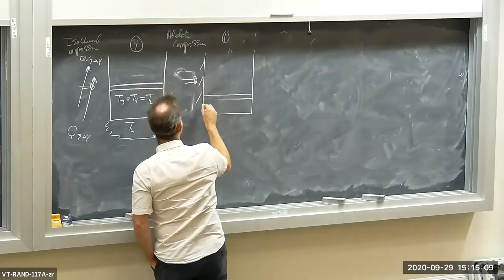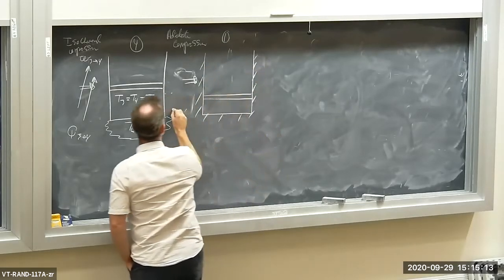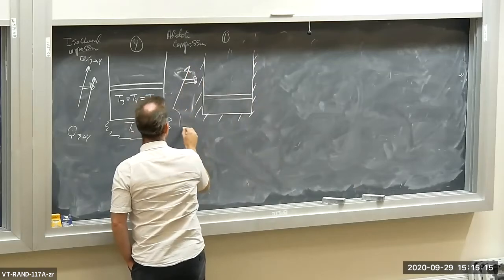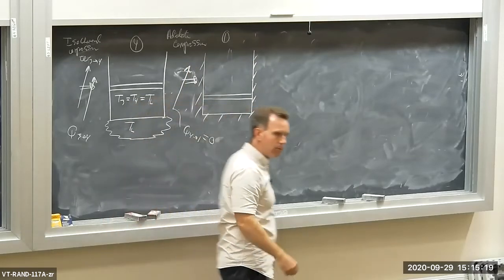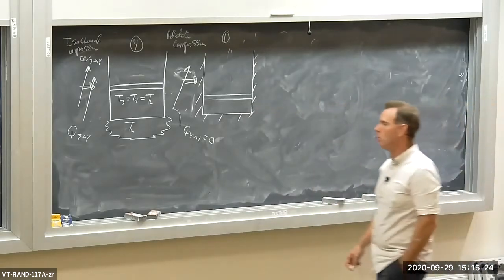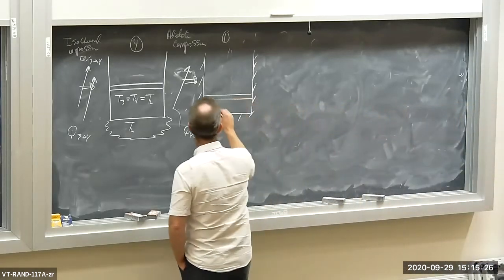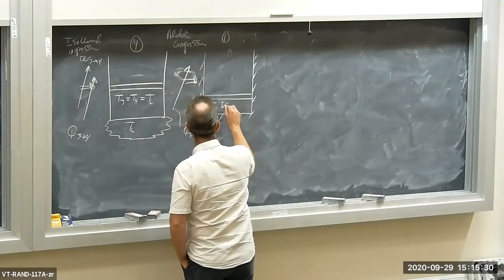I'm going to put some insulation around it. That means no heat transfer. Q4 to 1 is zero, no heat transfer because it's an adiabatic compression process. And I'm going to squeeze it, raise the temperature, and get back to the original temperature and the original volume.